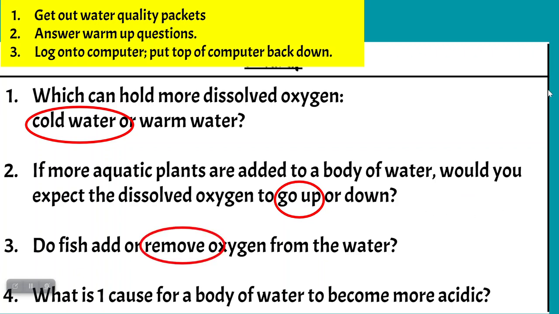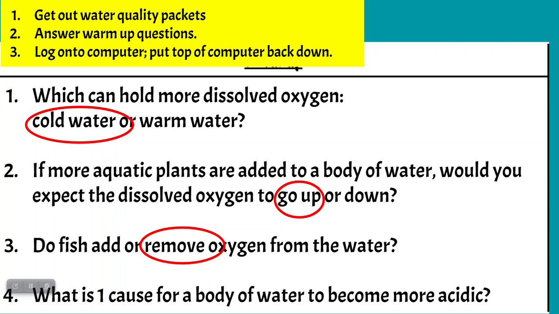And then what is one cause for a body of water to become more acidic? So you have to think back to your videos that you watched and your little blurb that you read, or you can look at your notes. So water can become more acidic if it's exposed to acid rain.